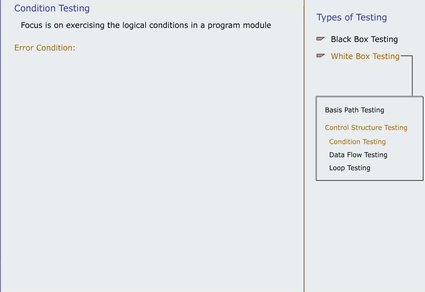Errors in condition can be due to Boolean operator error, which is due to misuse of and, or, and not operators. For example, instead of using and, you use or operator, the result would be different.